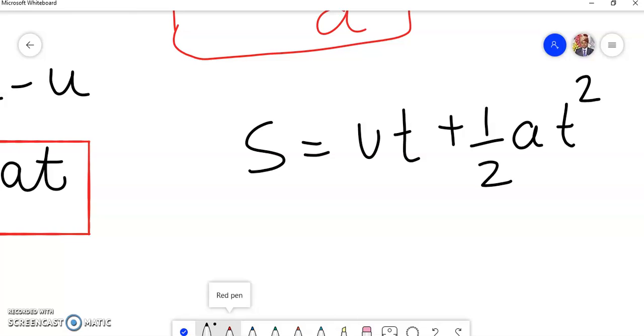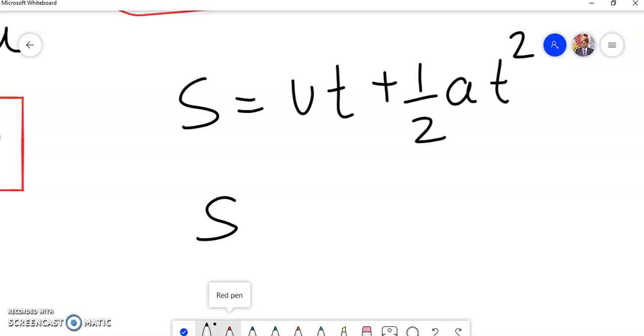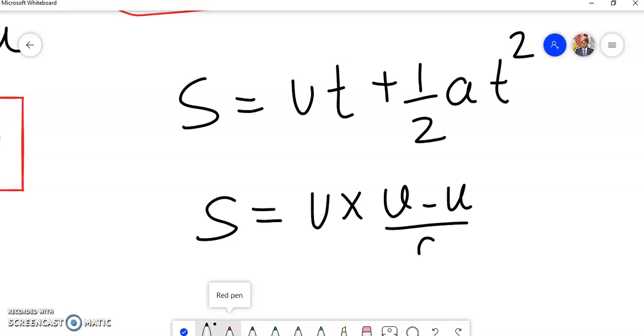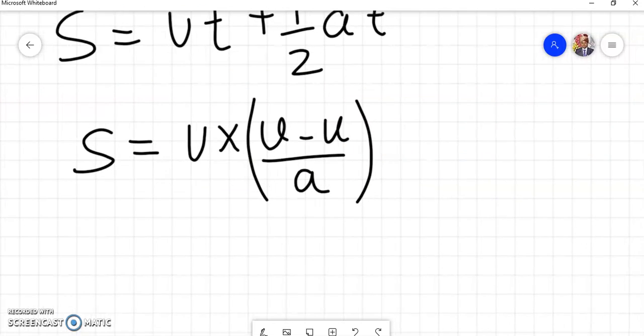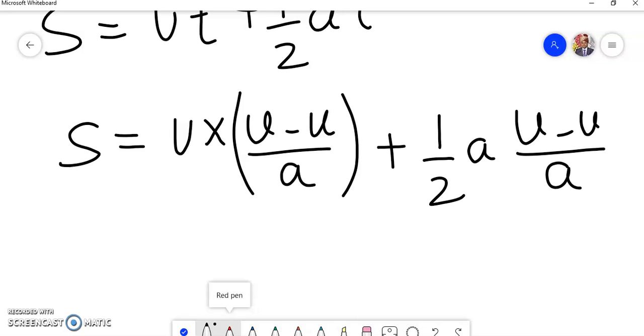Let us substitute the value of t in this equation and see the magic. What are we going to do? We are substituting the value of t here. U into t is how much? V minus u upon a. Then again plus half a into v minus u upon a whole square.